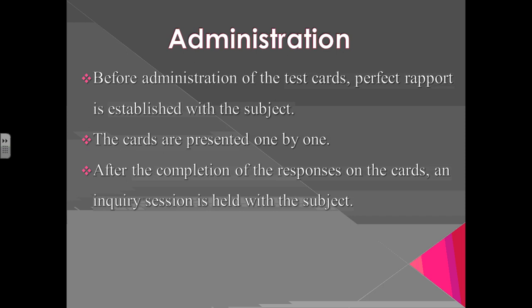After writing down as many answers as the subject cares to give for each blot, the tester goes back through the set, asking the subject for more details, including what it was about the blot that determined the subject to respond. The first phase of the test is called the free association phase, and the second phase is called the inquiry phase.